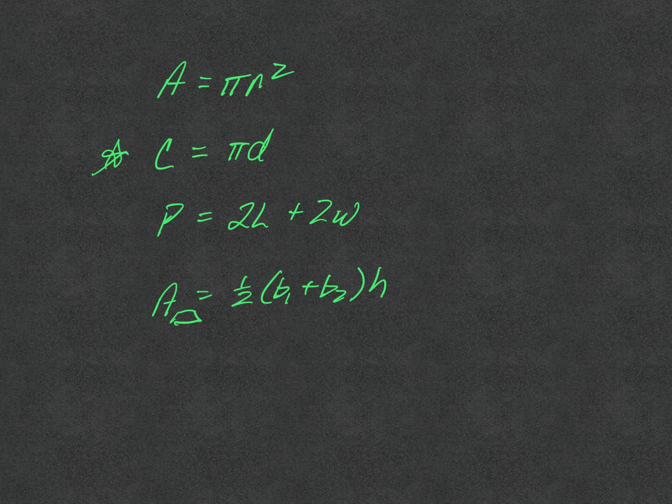So pi is just a number, so we take c equals pi d, and we divide both sides by pi. Using the multiplication property of equality, the reciprocal of pi is 1 over pi. And then that gives us the circumference divided by pi is equal to the diameter of the circle. Okay?